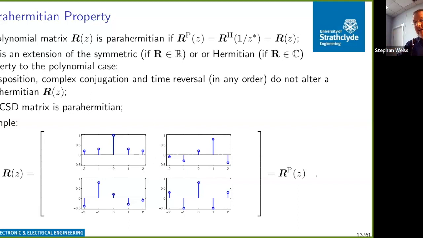So crucially, space-time covariance matrices are para-Hermitian matrices. So below you see an example, right? So you have symmetric functions like autocorrelation functions in the main diagonal again, and the off-diagonal terms that are symmetric here with respect to the diagonal, they're time-reversed versions and potentially complex conjugates of each other as well. So a matrix that satisfies this property of being identical to its para-Hermitian is called a para-Hermitian matrix.